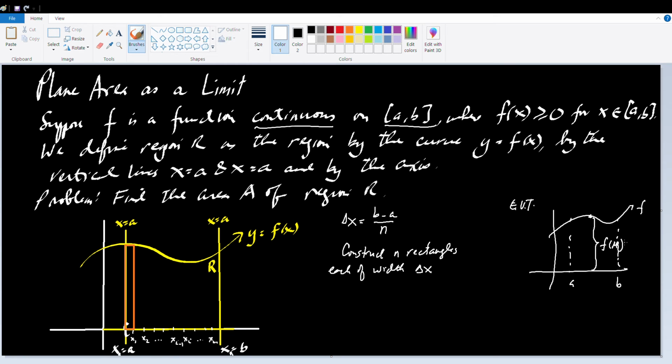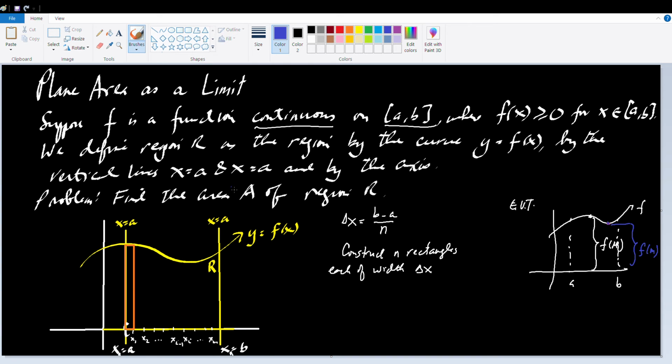Similarly, it has an absolute minimum value on that same interval, which we shall denote as f of lowercase m.